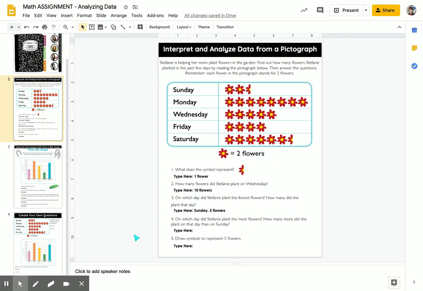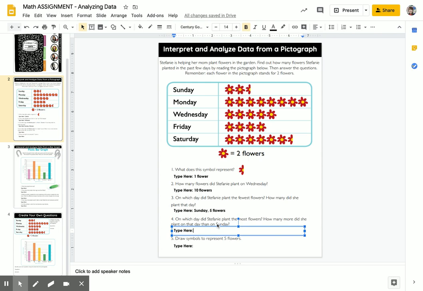For question 4, it says, on which day did Stephanie plant the most flowers? So just like before, we can look and see that Monday has the longest strip of flowers. So we know that Monday is going to be the answer for the most flowers. But there is a second part to that question. How many more did she plant on that day than on Sunday? So first, we need to say that she planted the most flowers on Monday. And then we know that on Sunday, she planted 5 flowers.